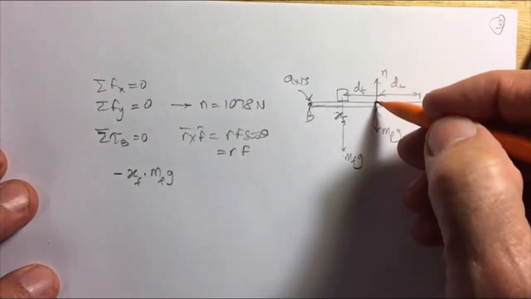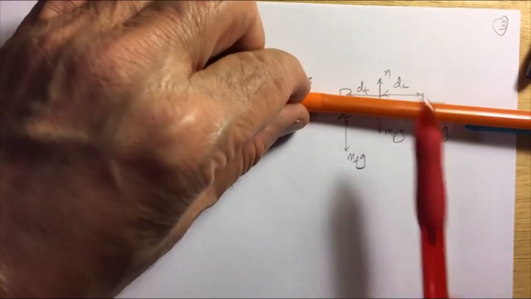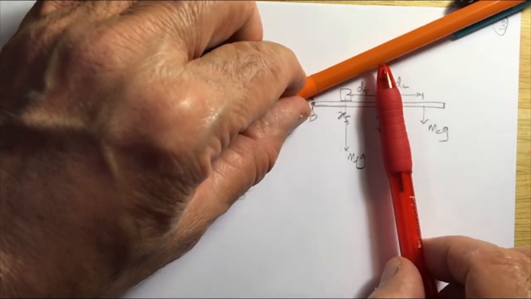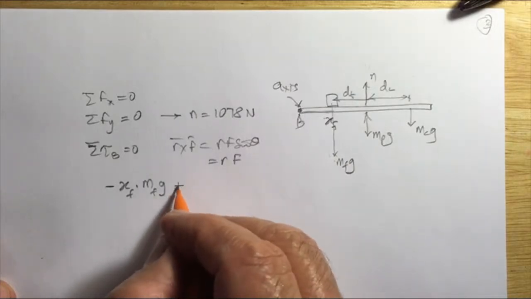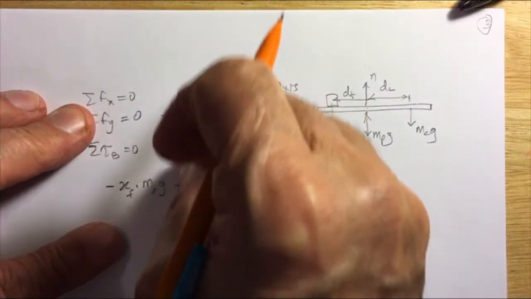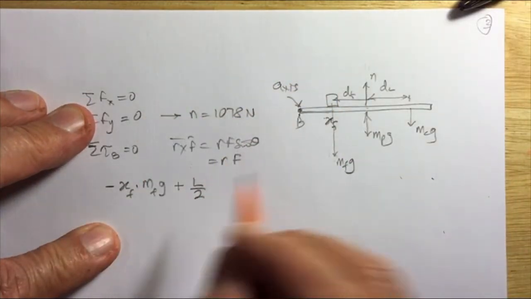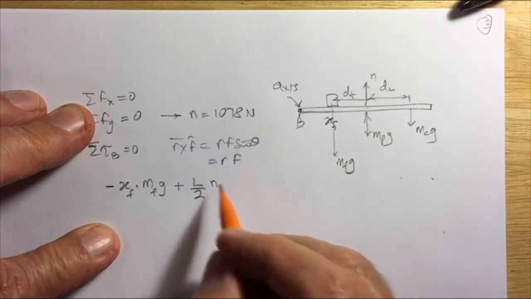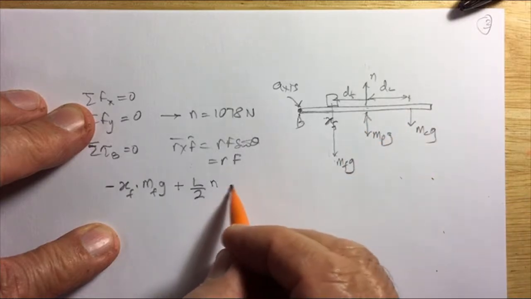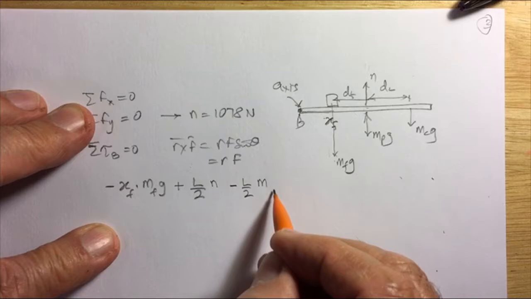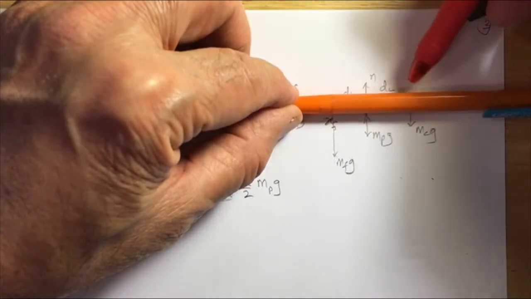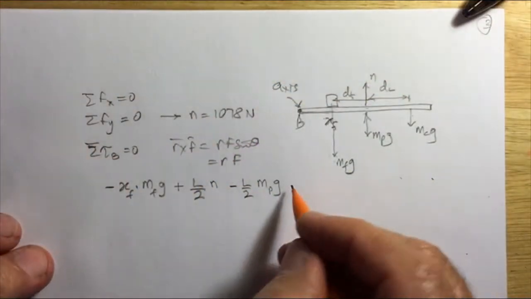Now the normal force will try to push it upwards. That's the fulcrum, it's going to try to push it upwards. And so it's a clockwise torque. And this distance is 3 meters, or let's write it as L by 2, times the normal force. The weight of the plank is going to try to make it go clockwise, so it's going to be minus L by 2 m plank g, that's this force, and the child is also going to try to make it go clockwise, so it's also negative.